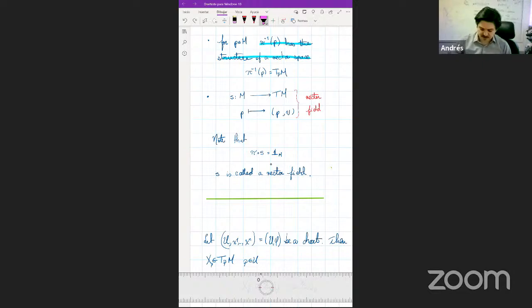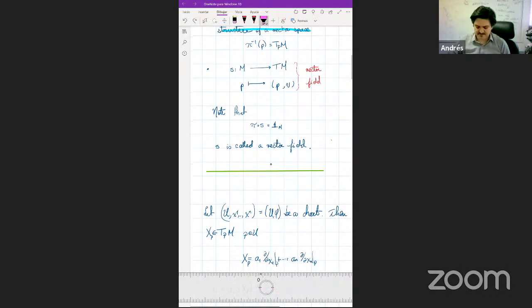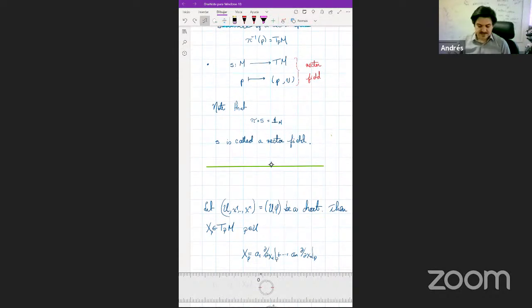So good. Consider a chart on the manifold M. Assume that P belongs to U. Then for any vector that you take, because we have an atlas, we can write it out locally like this. If I take another chart that contains P, then I have a different description of the vector X. Okay then.